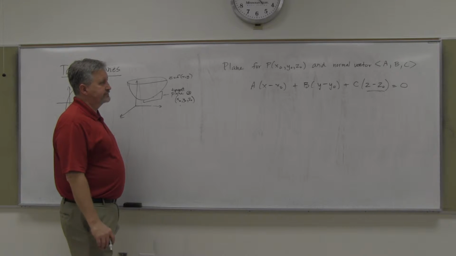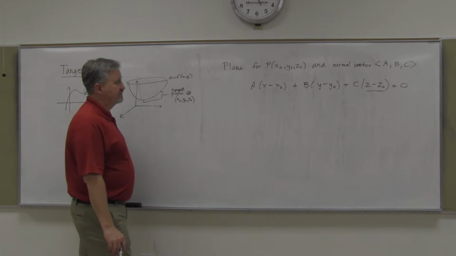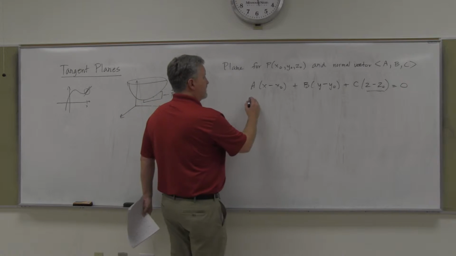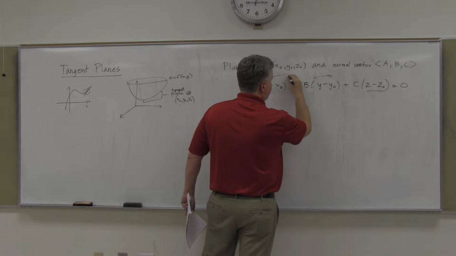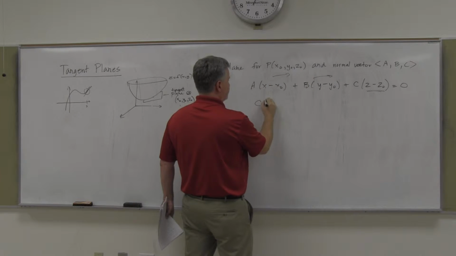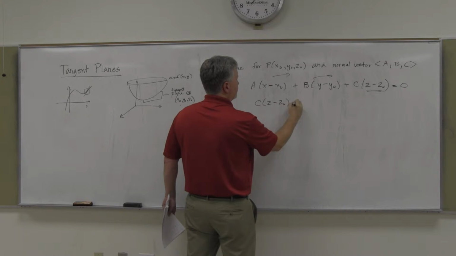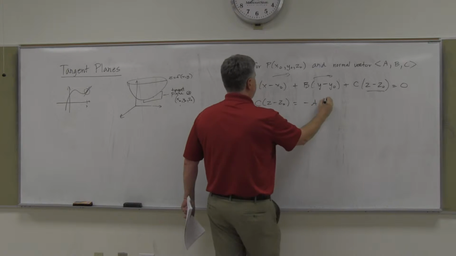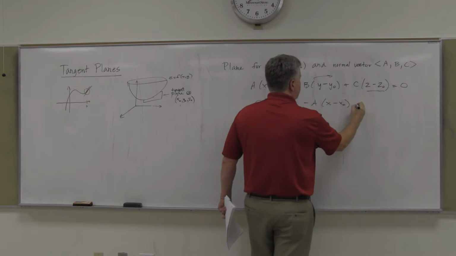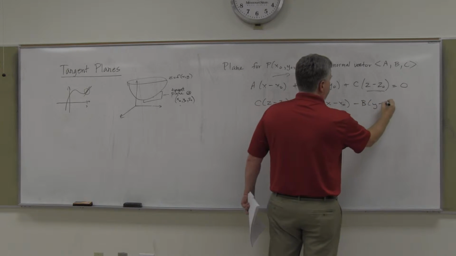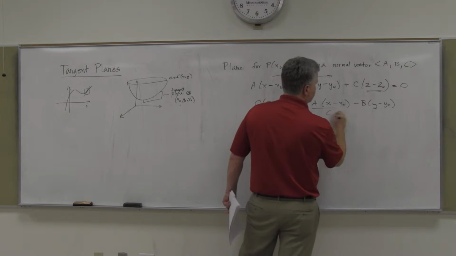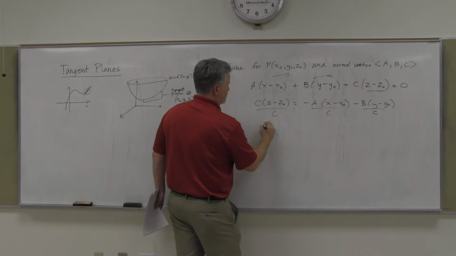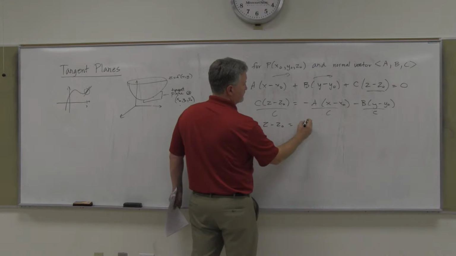That's how we're going to give the formula for this tangent plane. So that would mean moving these terms over there. We would subtract a times x minus x0, subtract b times y minus y0, and then divide off by c.